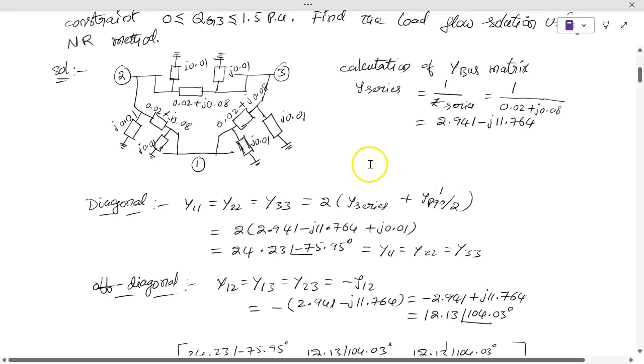Please remember, you should not add the impedances; after calculating the series admittance, that we need to add. Is it clear? I hope this is clear to you.